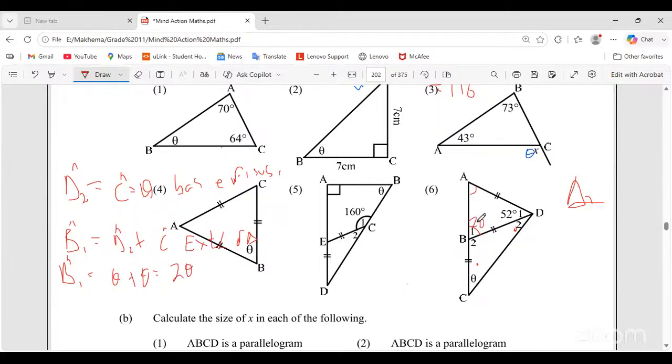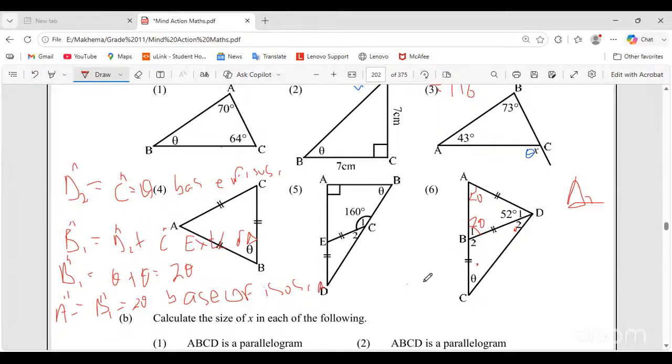We now have 2 theta here. This implies that that is also equal to 2 theta. I will now say angle A is equal to angle B1 is equal to 2 theta. Why? That is also the base of an isosceles triangle because of these sides that are equal here.